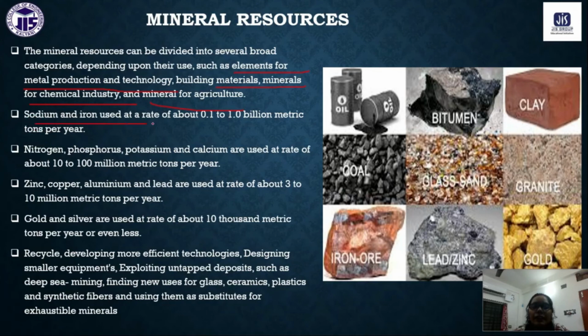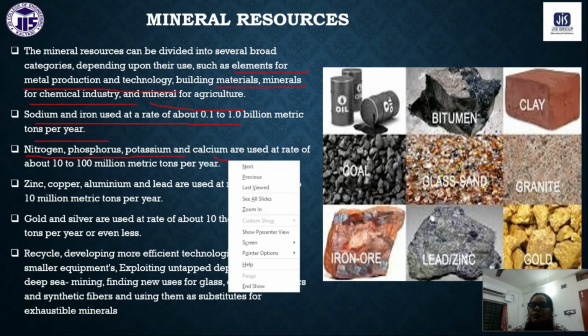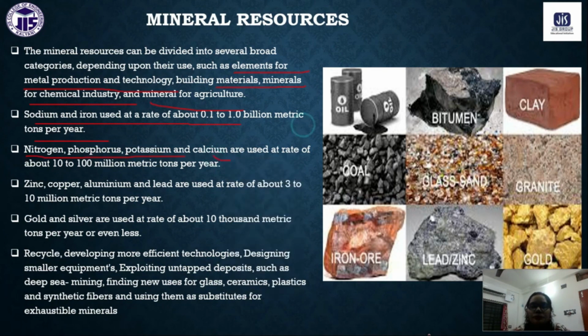Sodium and iron at a rate of about 0.1 to 1 billion metric tons per year are consumed. Nitrogen, phosphorus, potassium, and calcium are used at a rate of 10 to 100 million metric tons per year.